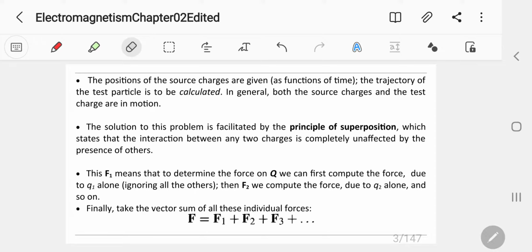We use the principle of superposition to be able to calculate the total force on Q. That means that you have to calculate, for each of the source charges, the force that it exerts on charge capital Q. When you're finished calculating them, you add them vectorially.